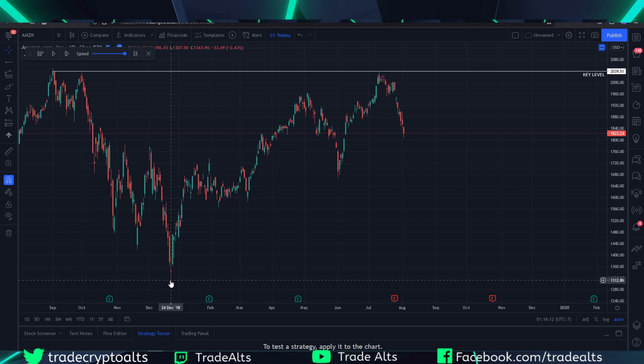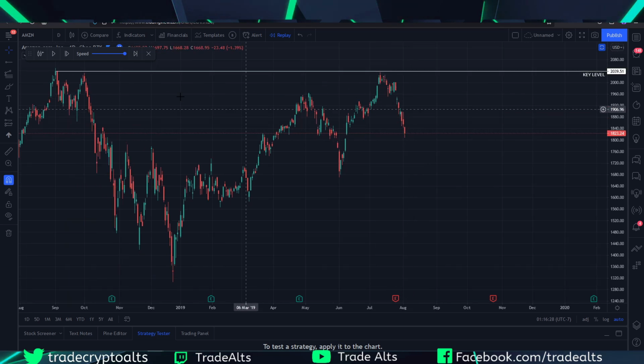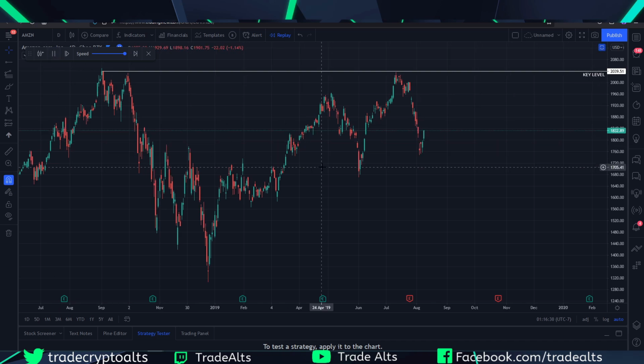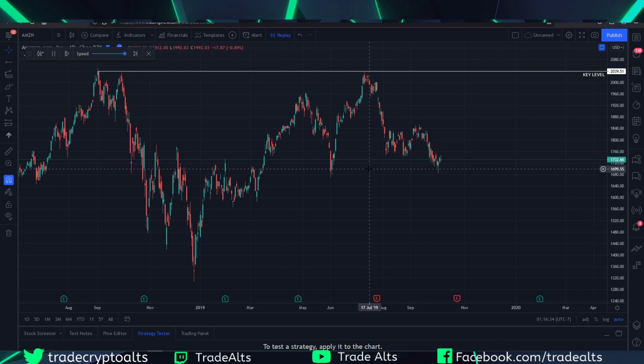So this is in December of 2018. In July of the following year, price comes up and perfectly taps this resistance level. How is that? Right? And you got a nice rejection off of it. You can see really good rejection off of it.